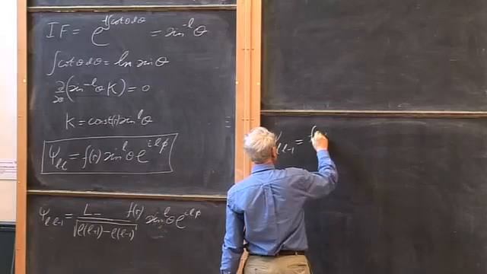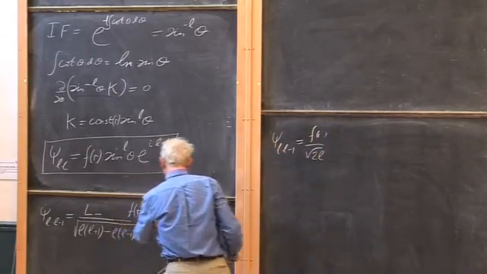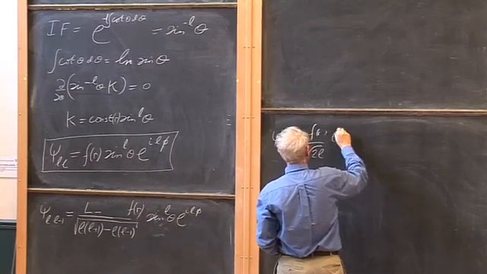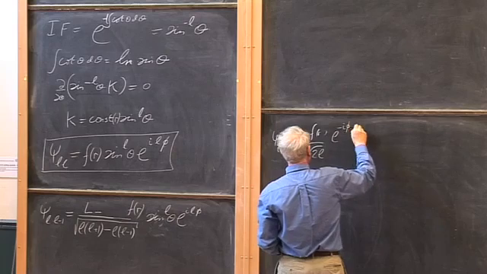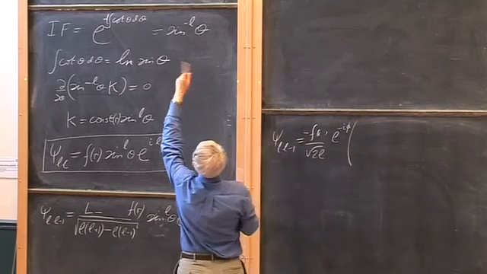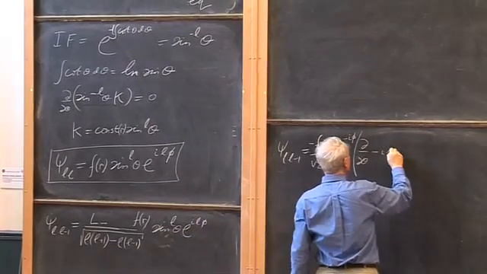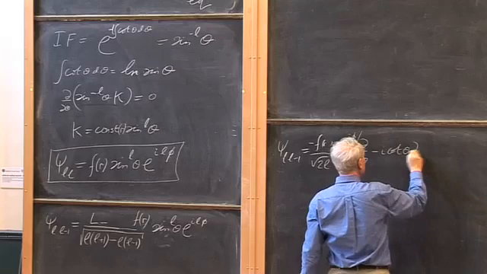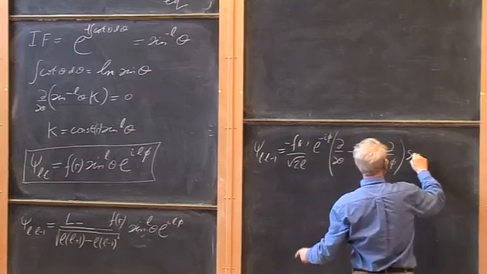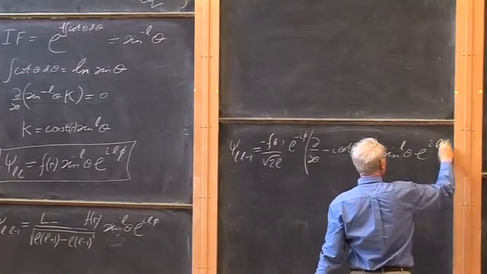So it's the function of radius over the square root of 2L, all being well, times e to the minus i phi times, there's probably an overall minus sign coming from that formula at the top there, d by d theta minus i cot theta d by d phi, working on the function we first thought of, which is sine to the L theta e to the i L phi.